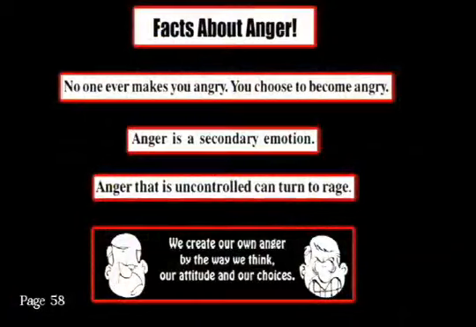We can't control what other people do, right? We can only control how we respond to what other people do or say, okay? So remember on page 58 at the bottom, it says, we create our own anger by the way we think, our attitude, and our choices.